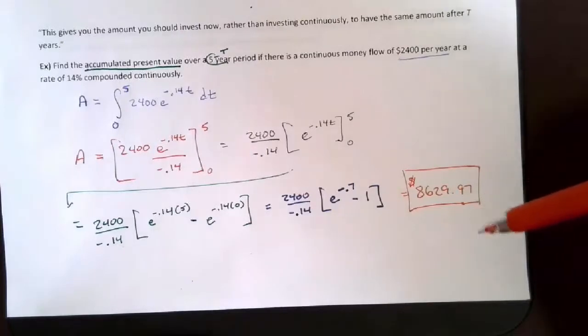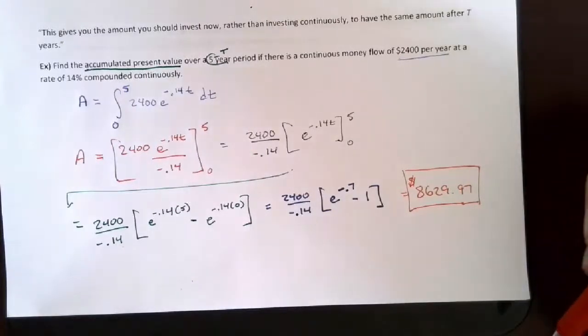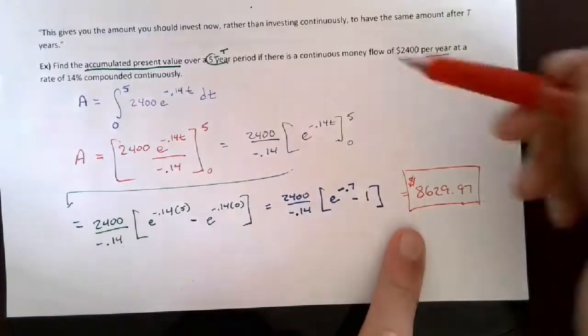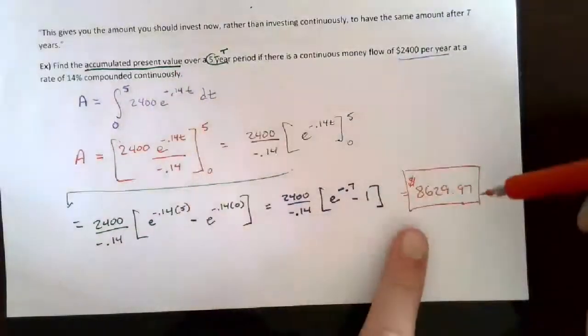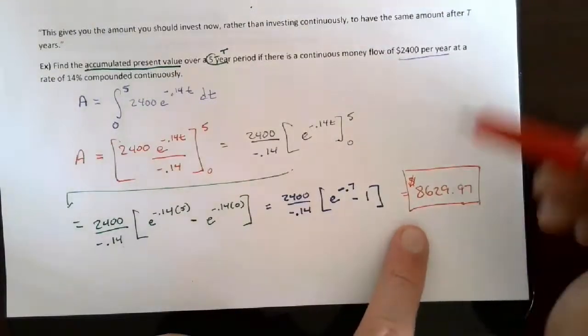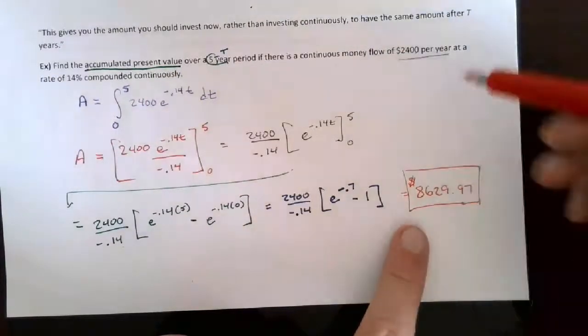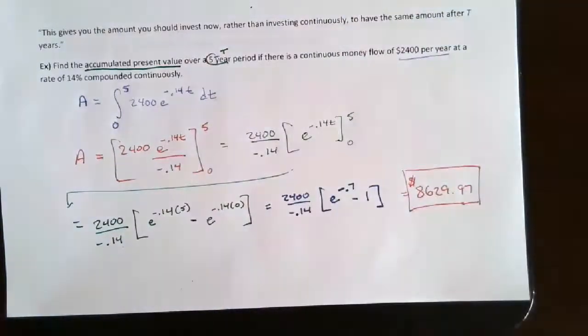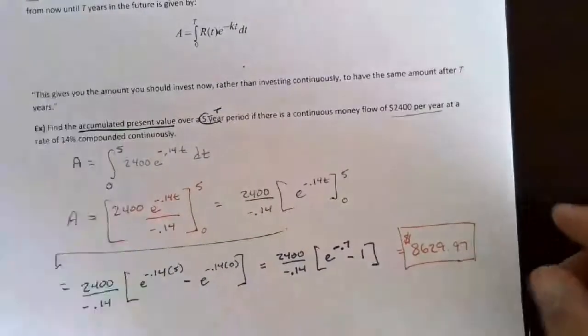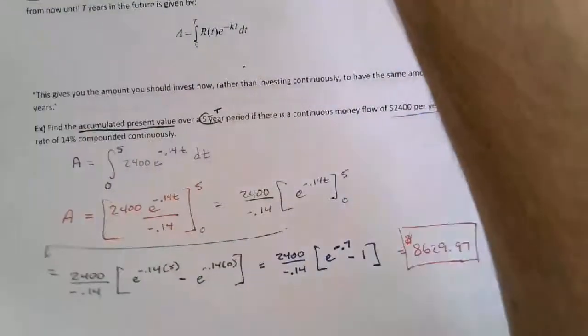Now we'll check this. I just want you to see why this is true. When they say accumulated present value, they're asking what amount you would have to invest as a one-time investment now to have the equivalent of what you would over that 5-year period at the same interest rate. Let's look at how we would use it.